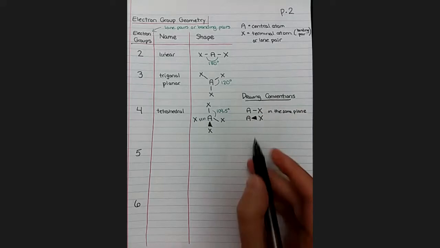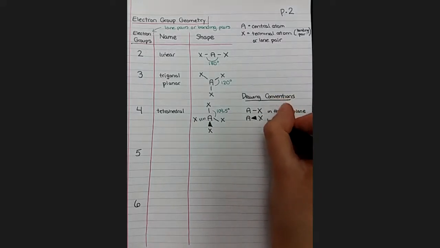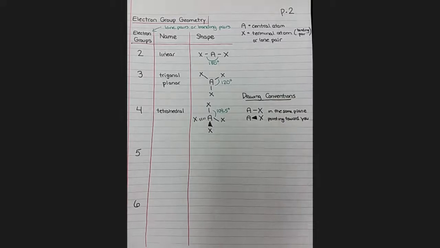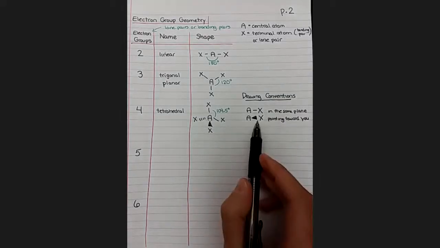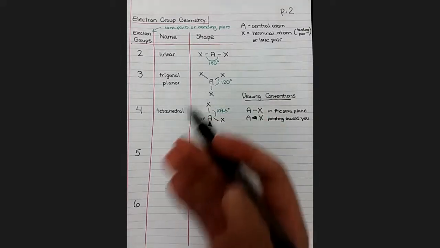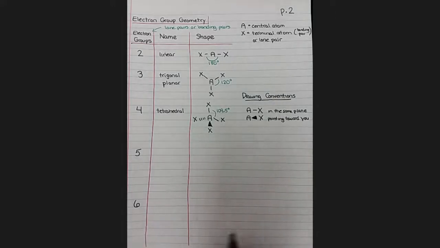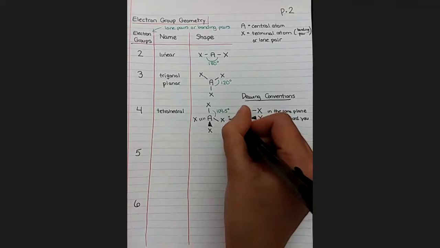This one is called a wedge, and it's used to indicate that this bond is pointing toward you. So the atom that's at the wide end of the wedge, the X, is coming out of the page very, very close to you. That's what that's supposed to represent. So it's called a wedge.